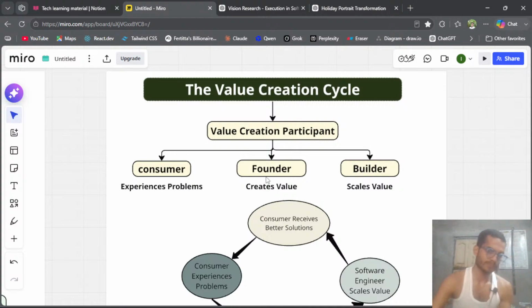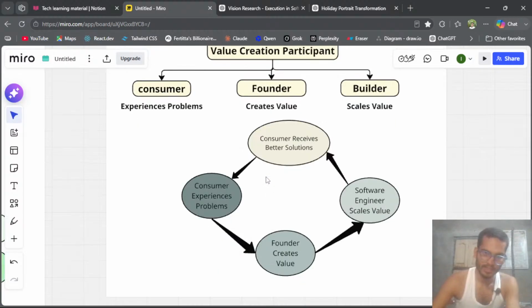So from the founder perspective, we have something. Don't worry, let's understand this cycle. As I said, the consumer experiences problems. Then the founder creates value, which means they found a solution. They design the solution, and then the software engineer or builder scales that value, which means now from any nation you can reach every nation through technology.